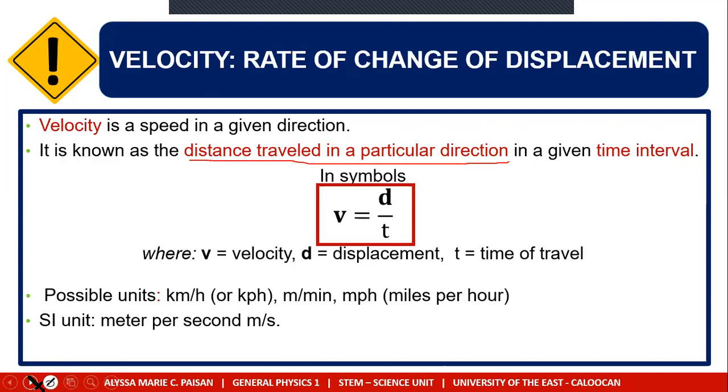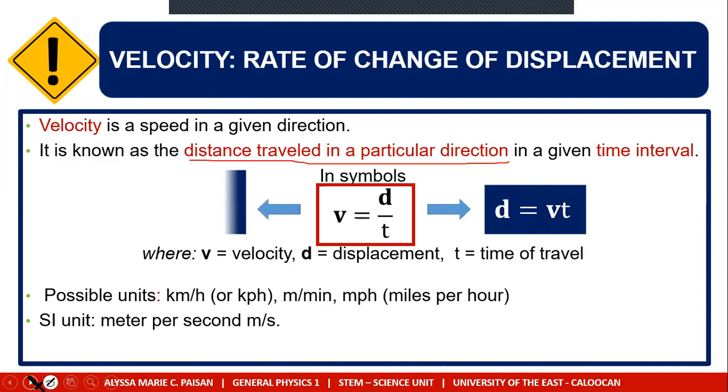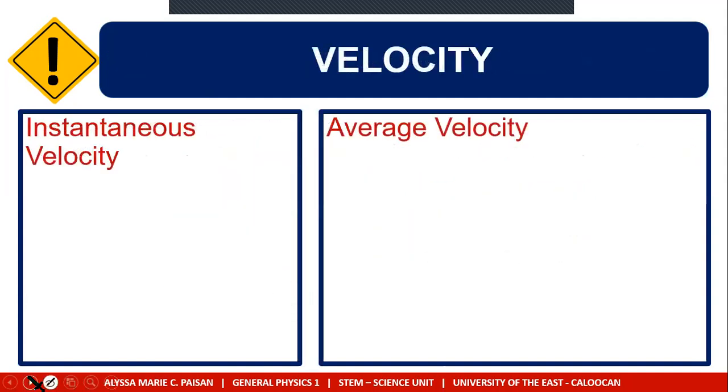From the equation again, we can get two more equations. If we want to get the displacement, given the velocity and time, we just have to multiply velocity with time. And if you want to know the time, given the velocity and displacement, you just have to divide the displacement by velocity. And just like speed, velocity can either be instantaneous or average.